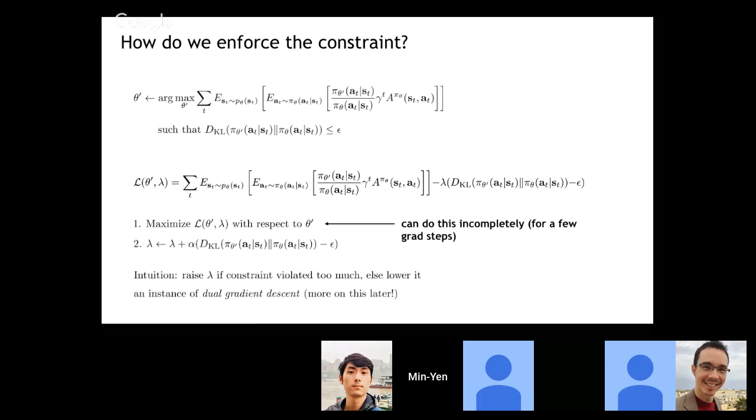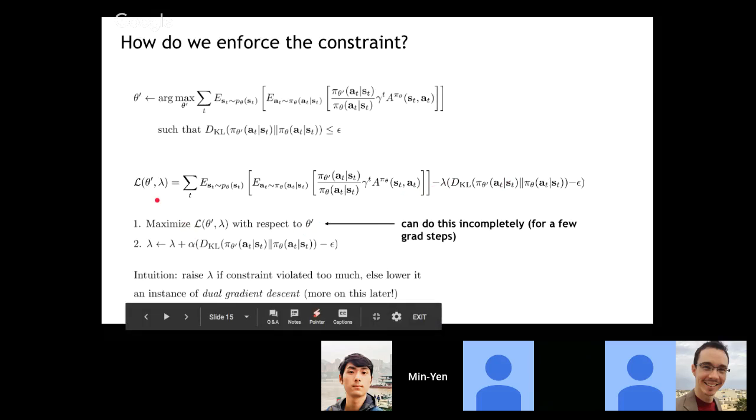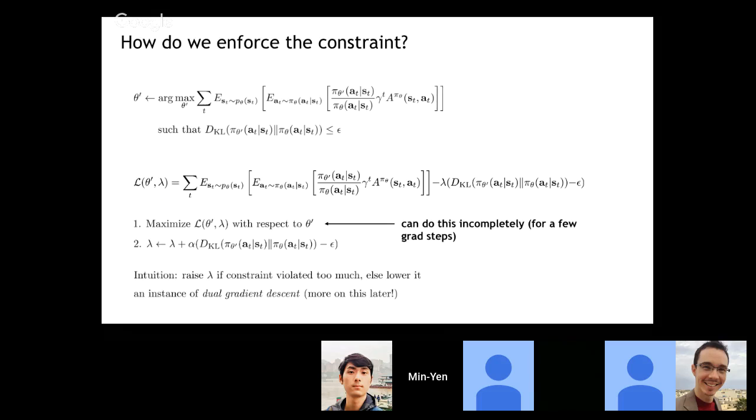Sorry, correct me if I'm wrong. I'm seeing the objective function L of theta prime and lambda, and the first term gets bigger as theta prime gets bigger, not necessarily. I mean, there are two terms in this objective function. This is the first term.